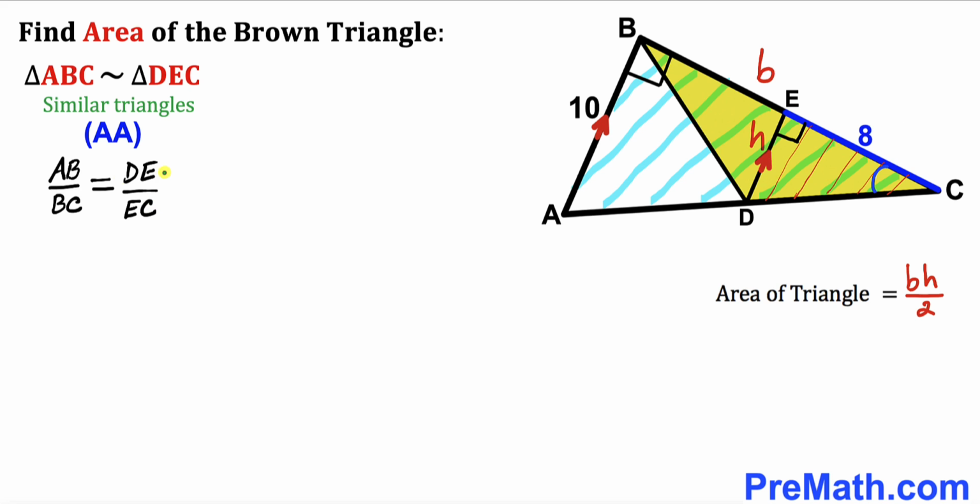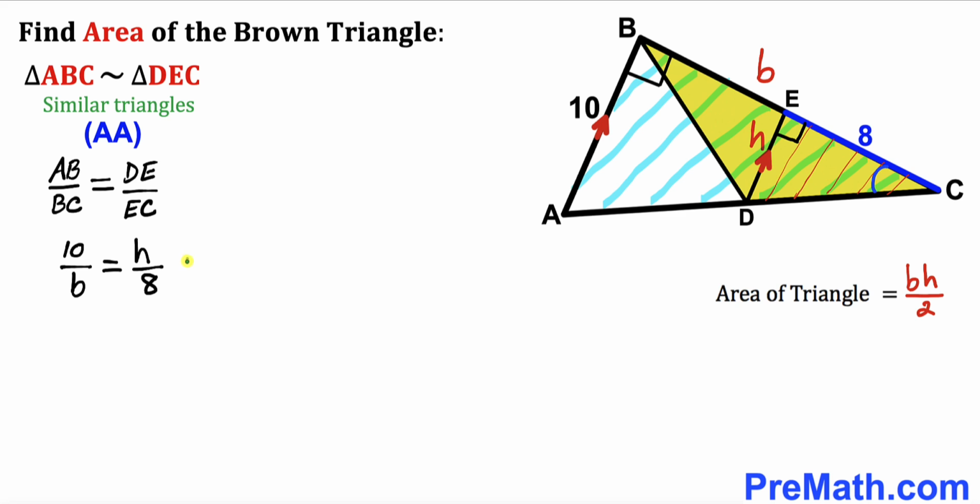And now let's make an observation. We can see this AB length is 10 units. This whole BC length is lowercase b, so I'm going to replace this one by lowercase b. This DE is labeled as lowercase h, and finally this EC segment length is 8 units.